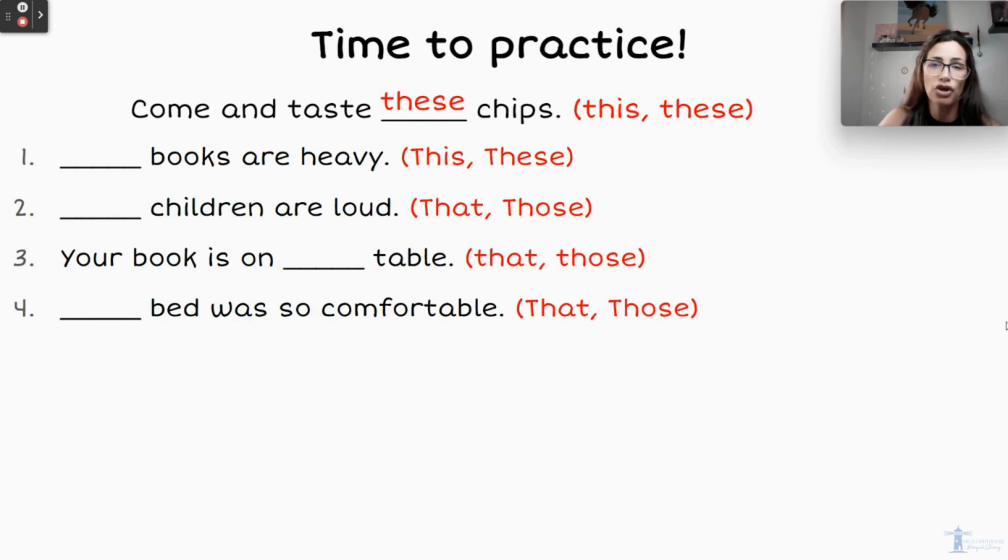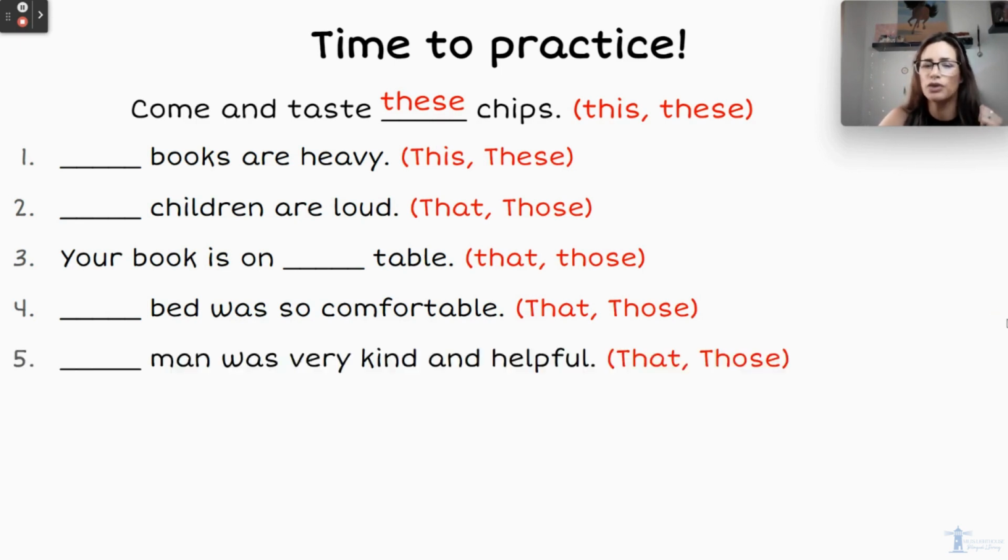That bed was so comfortable. Those bed was so comfortable. Just listen to it to see what sounds correct, what sounds right. And then, of course, look at what follows. Is it one thing? Is it more than one thing? Is it singular? Is it plural?